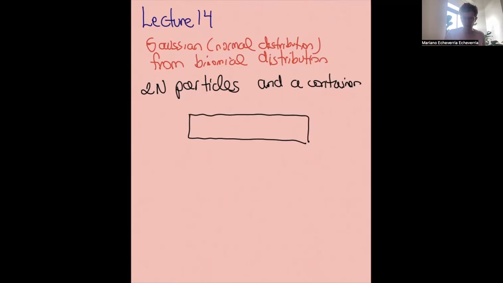The length won't make a big difference right now. It's just to make it a little bit more concrete. So here you could have a container of length L. It is perfectly symmetric about the origin, meaning that half the length is to the right of the origin and half the other length is to the left, right?